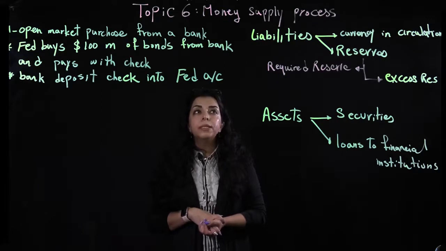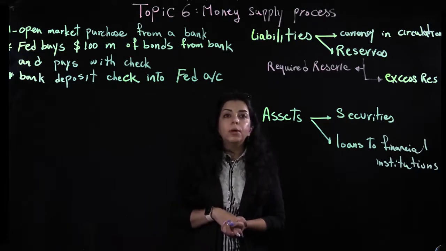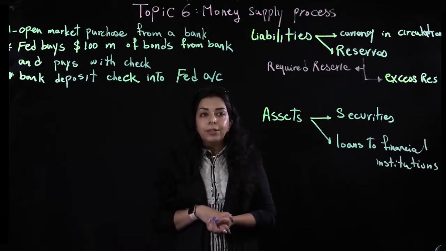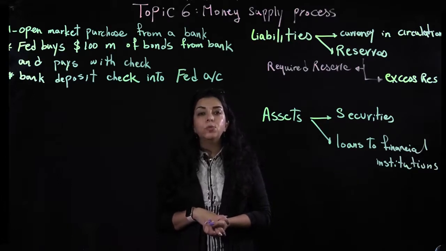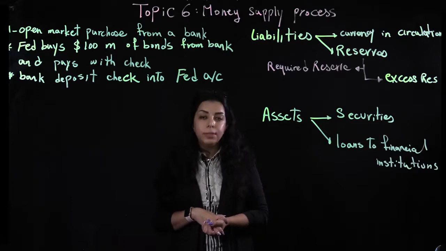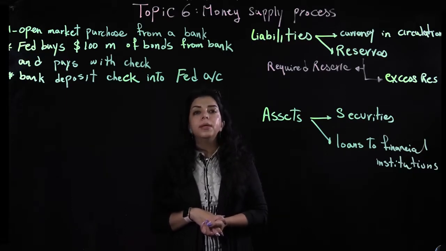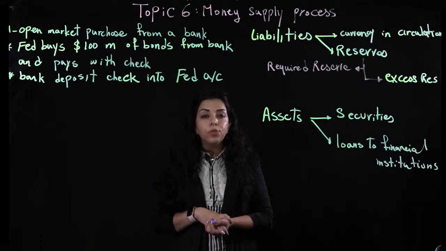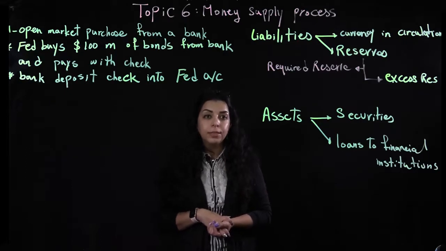So to explain the money supply process, we know that with every action the central bank takes to change the money supply in the society, the holdings of the liabilities and assets of the central bank are going to be affected.